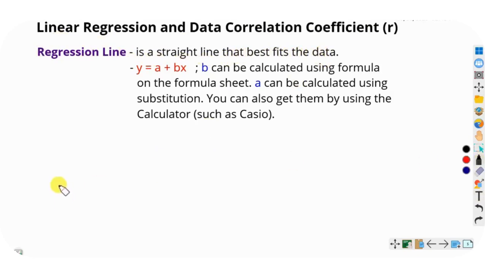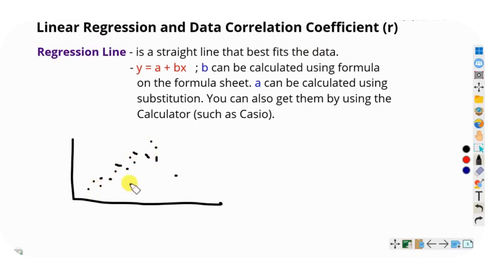If you are plotting data like this, then to draw a straight line using the information here, you find that the line is like this. So this line is the best representation of a line for that data. It is the line of best fit. That is what we call a regression line.